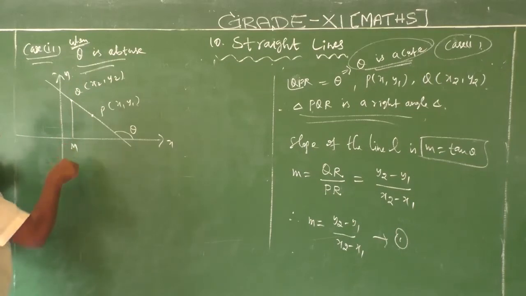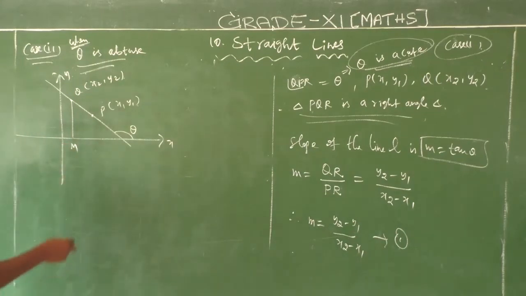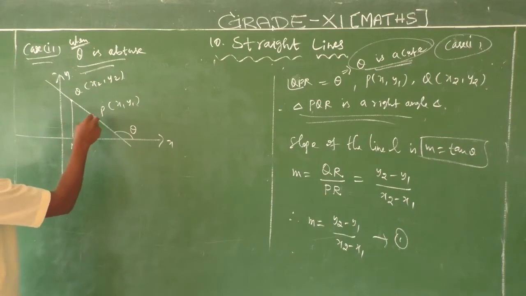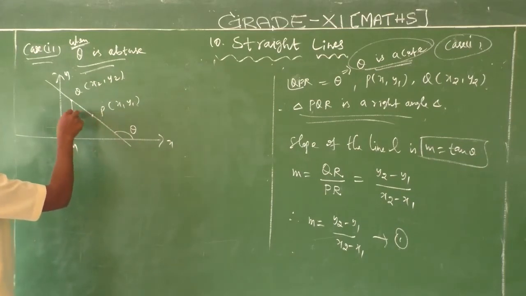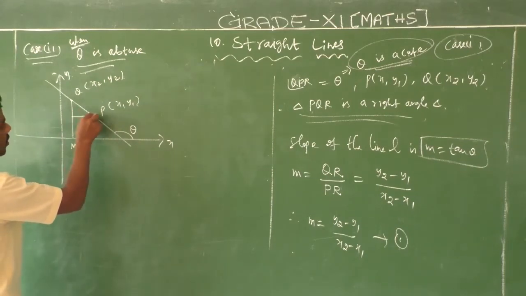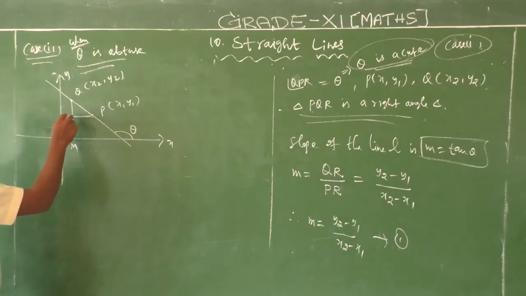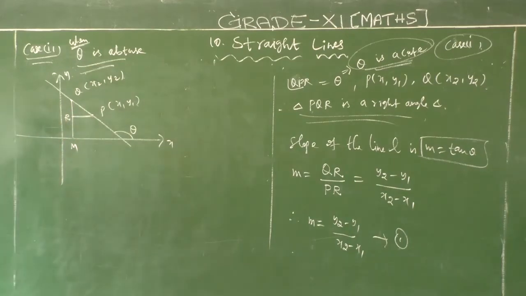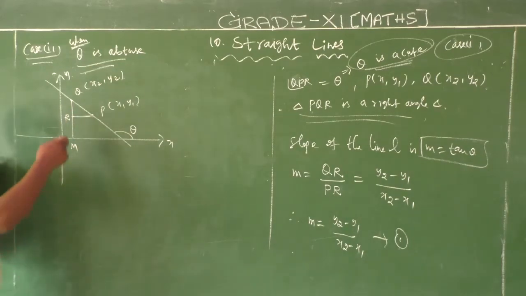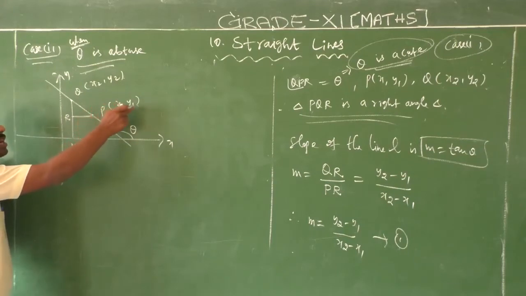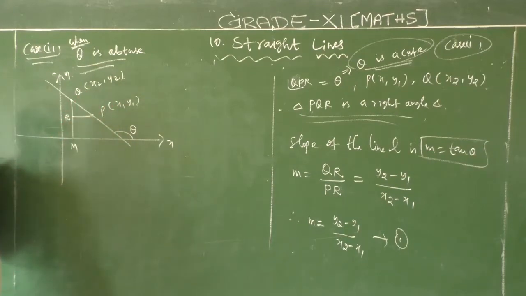This is called M. And another perpendicular line from P to QM. This is R. This line L passes through P and Q. Here the angle of inclination theta is obtuse.